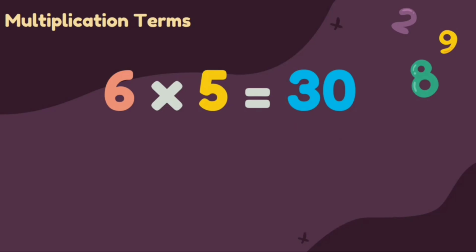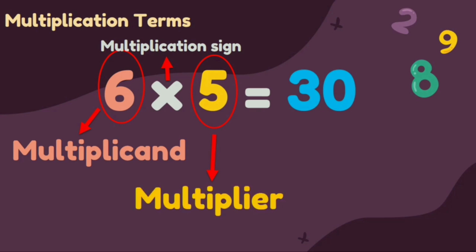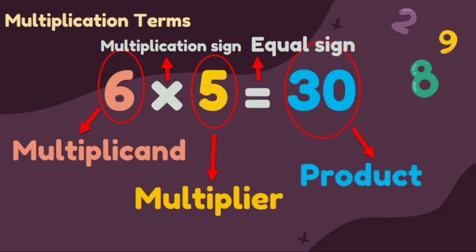Thus, in a multiplication equation, we have multiplicand, multiplication sign, multiplier, equal sign, and product.